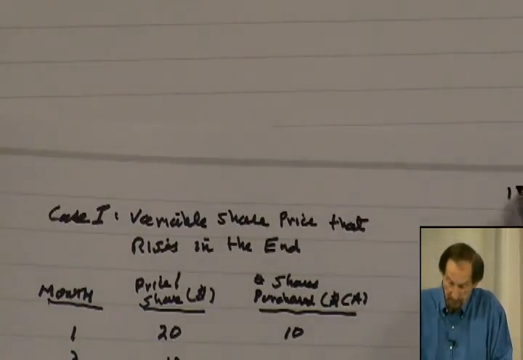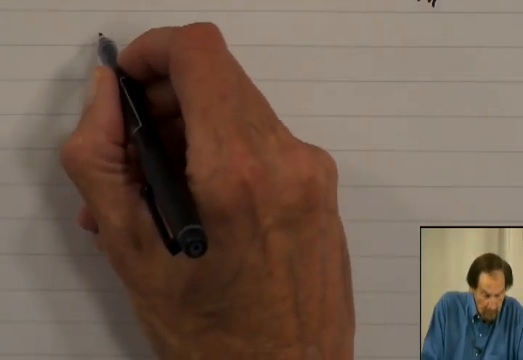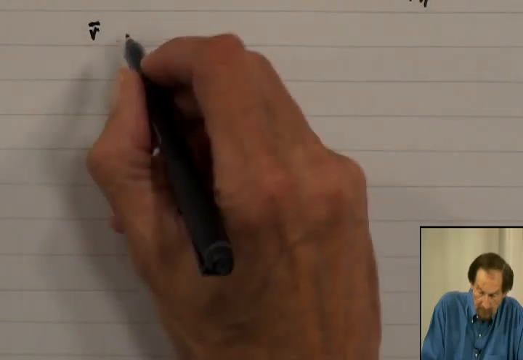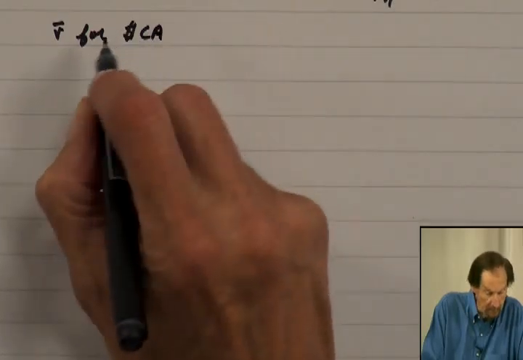Now let's find the expected rate of return for dollar cost averaging. So why don't we say R bar for dollar cost averaging?